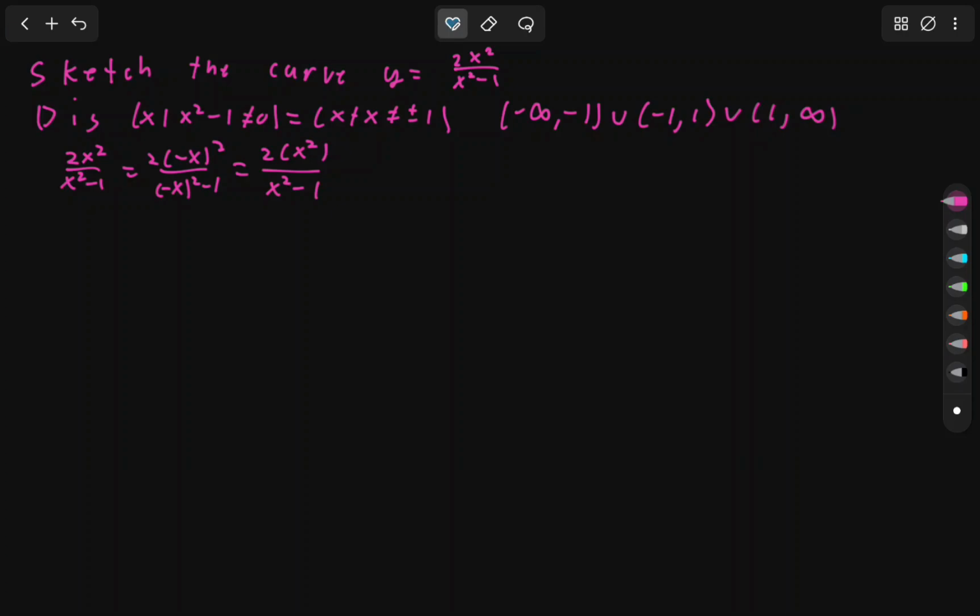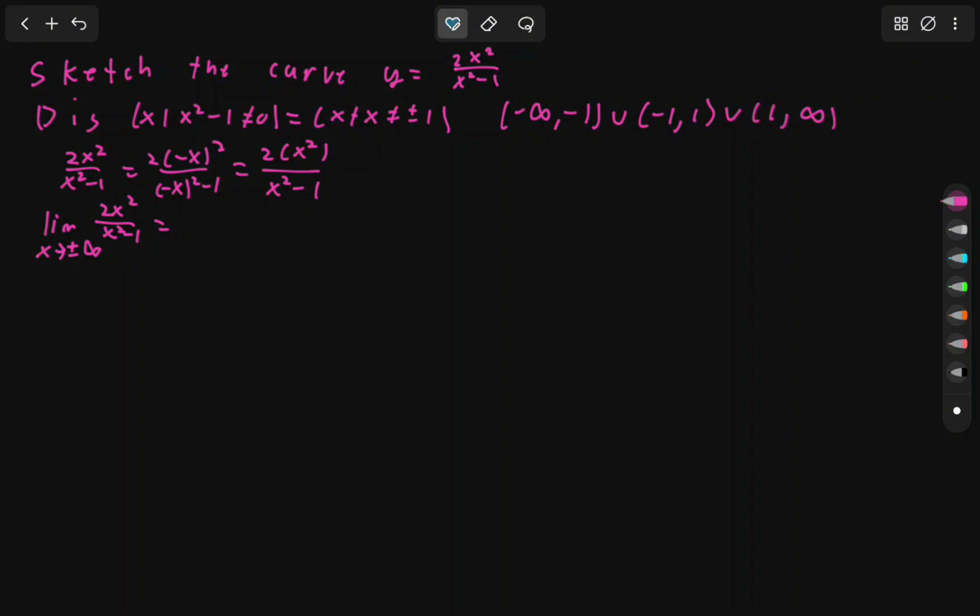Okay. So now what we want to do is find the asymptotes. So if we take the limit as x approaches plus or minus infinity of 2x squared over x squared minus 1, we will clearly see that the minus 1 is going to be insignificant.